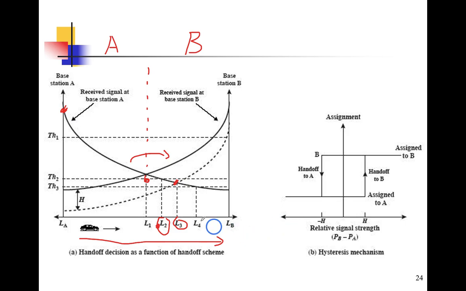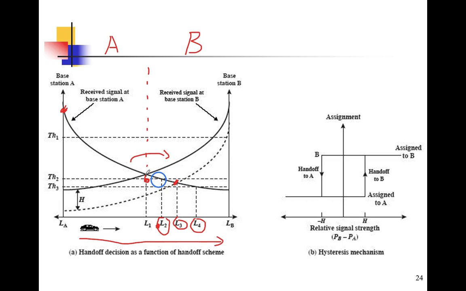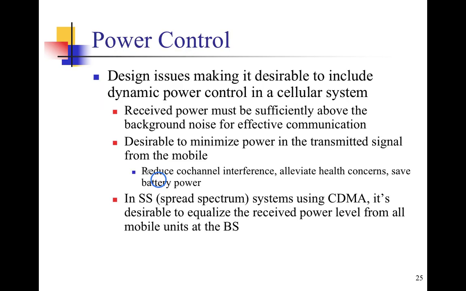This diagram is actually very useful in order to understand the handoff strategies used to determine the instance of handoff. So hopefully that answers the issue of when handoff will occur when moving from one cell to another cell. Okay.